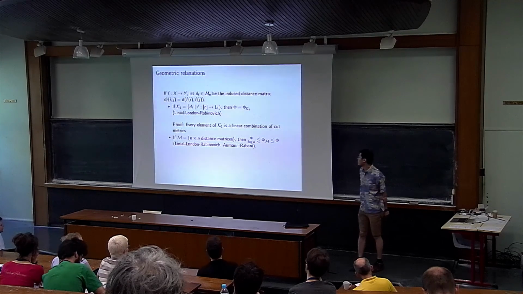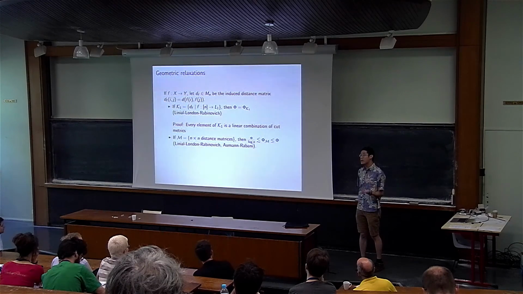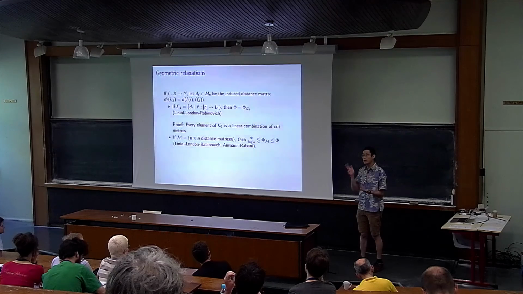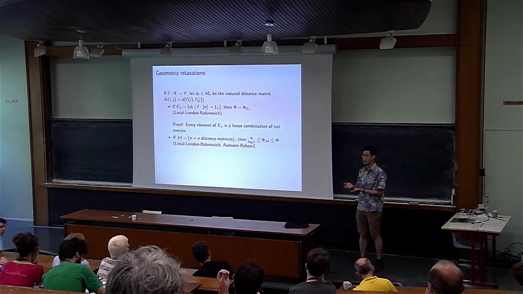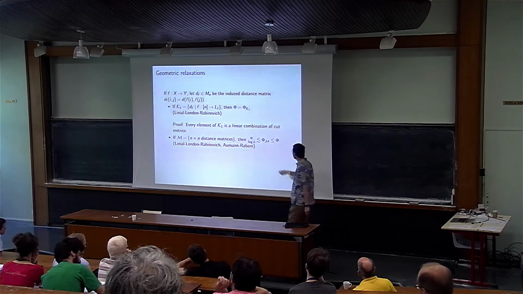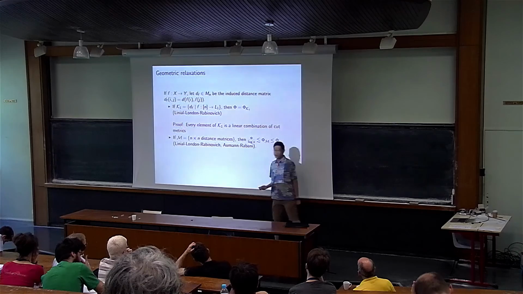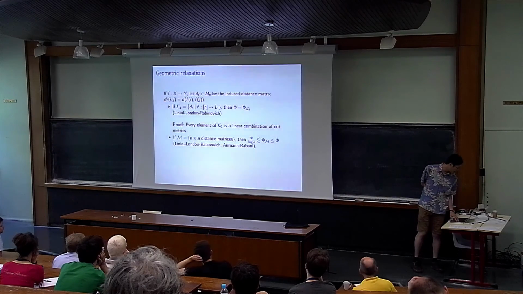In fact, being an n by n distance matrix is a condition given by about n cubed inequalities, corresponding to symmetry, positivity, and the triangle inequality. And so you can find phi sub M using linear programming, and this is reasonably close to phi.